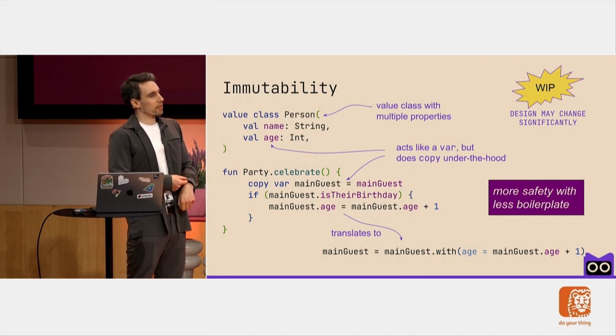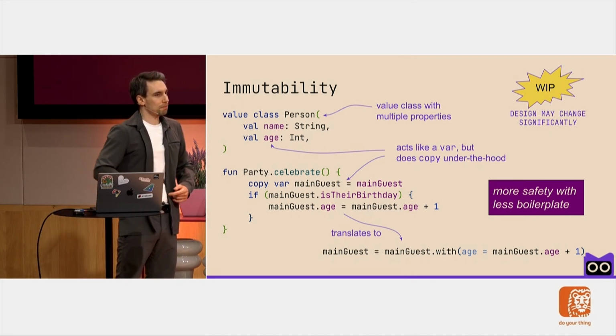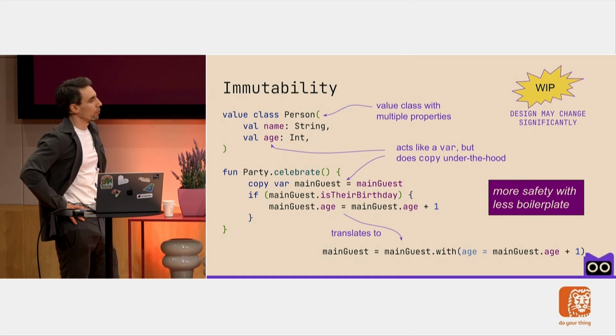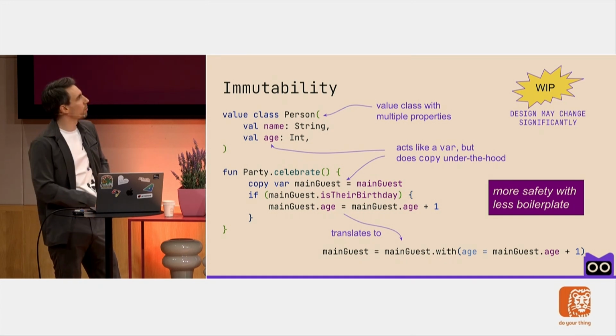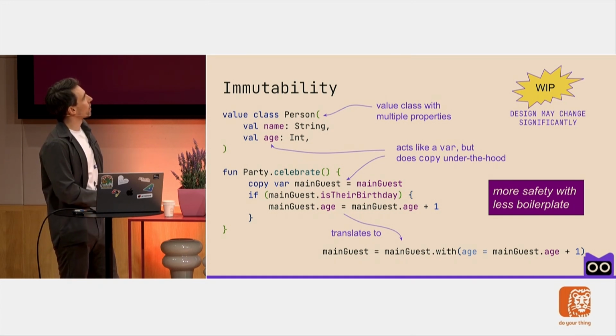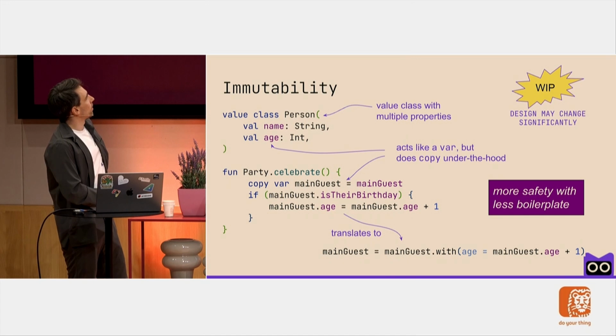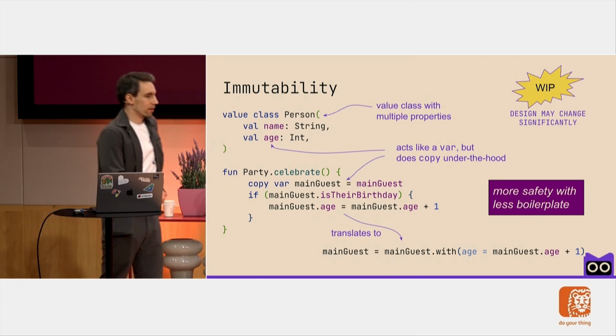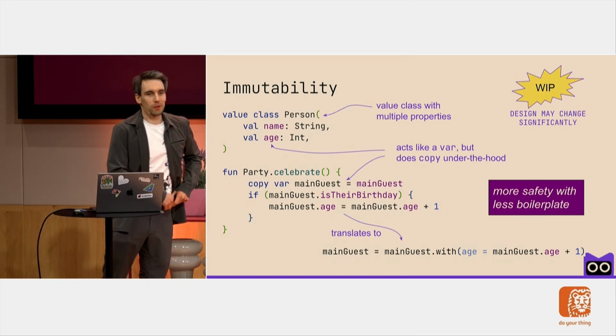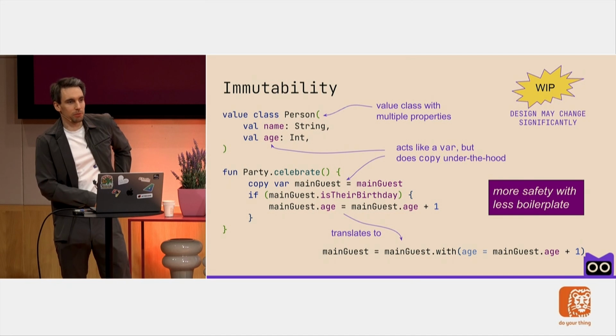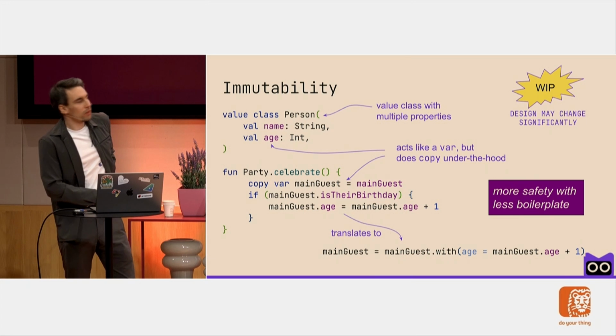The idea is that we want to introduce value classes that will follow value semantics. They will be allowed to have multiple parameters. And of course, normally when you have value semantics, you cannot modify your value objects because they are values, they are somewhere on your stack, you don't have identity and so on.